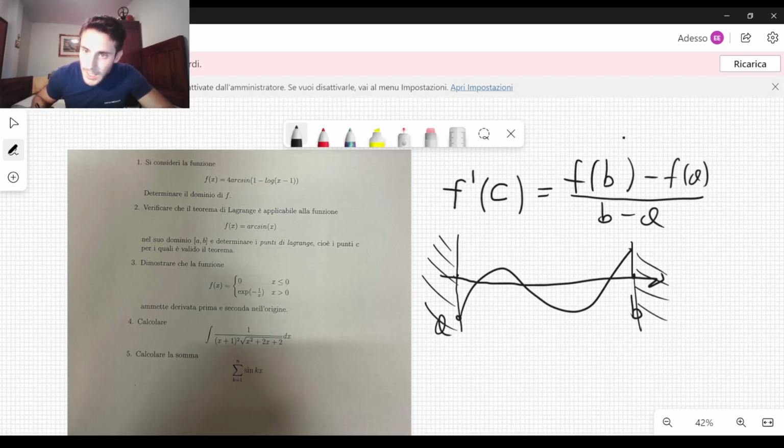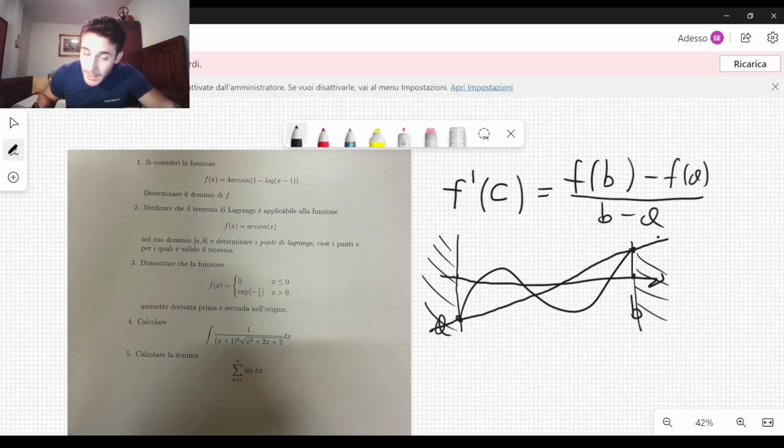If we take this ratio, f of b minus f of a, divided by b minus a, it is the slope of this line here. I am simply connecting the two points f of b and f of a, and we have this slope.